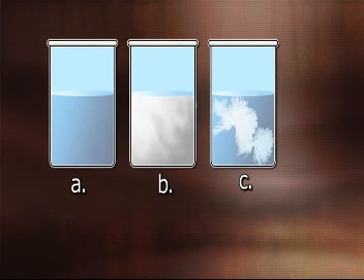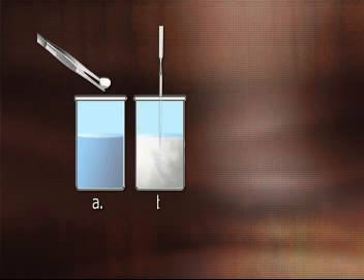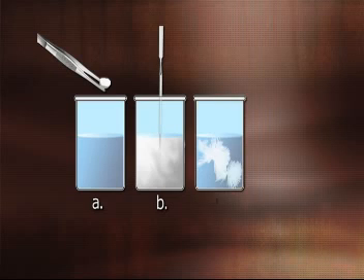What is seeding? Supersaturated solutions are not very stable. Therefore, if a seed of crystal solute is added to it, it will often cause the extra solute to suddenly crystallize.